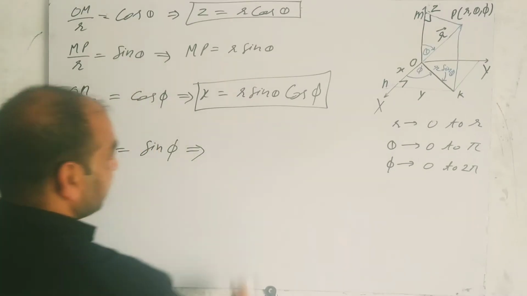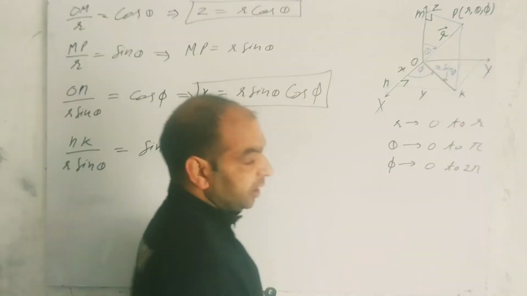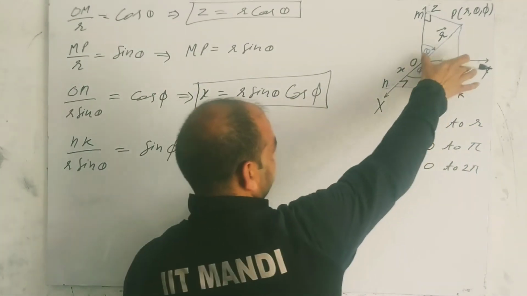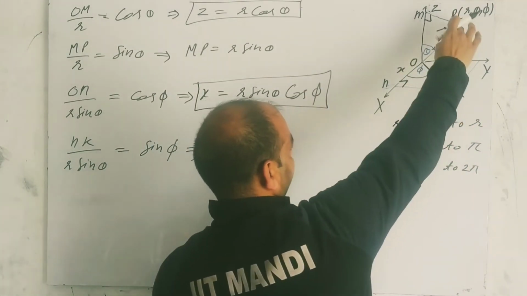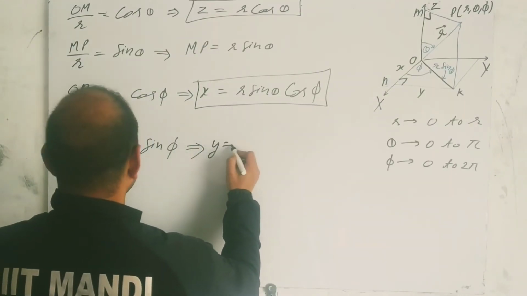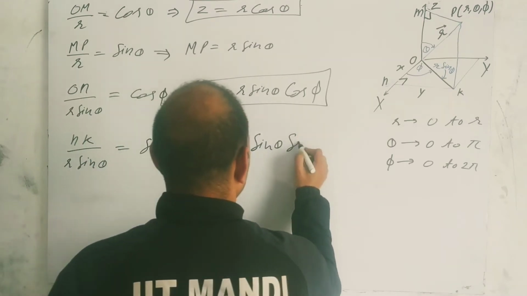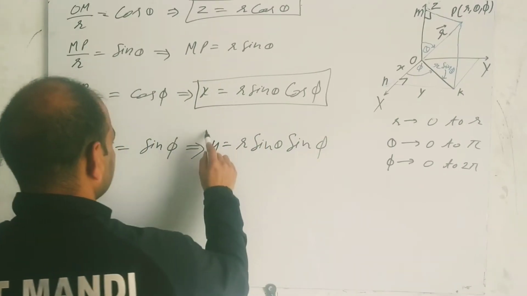This NK is the y coordinate of this point P. It is parallel to the y axis and it is the y component of point P. So NK is y. y equals r sin theta sin phi.